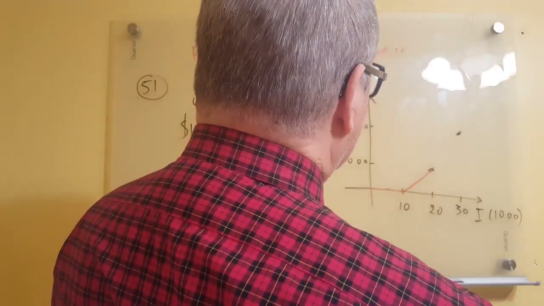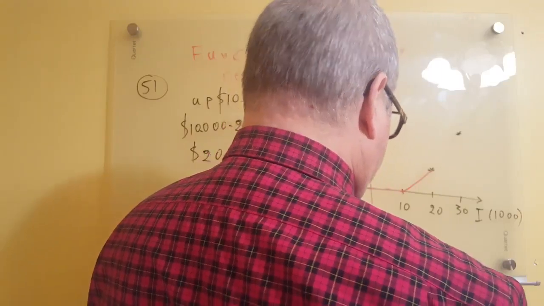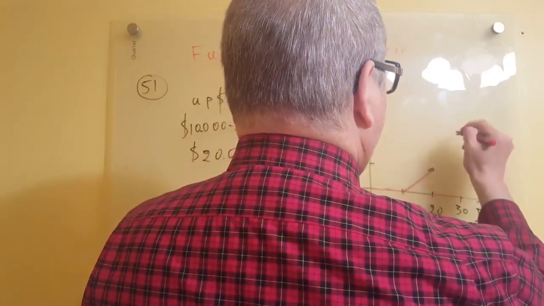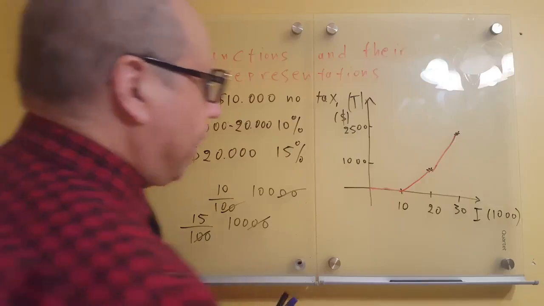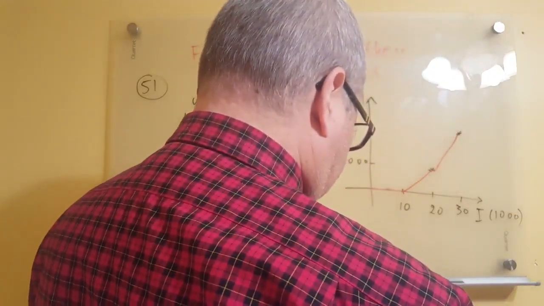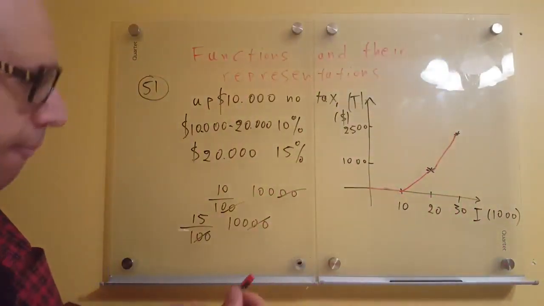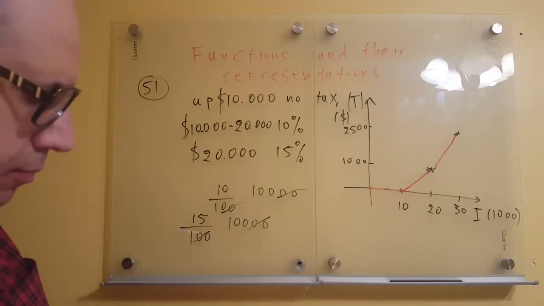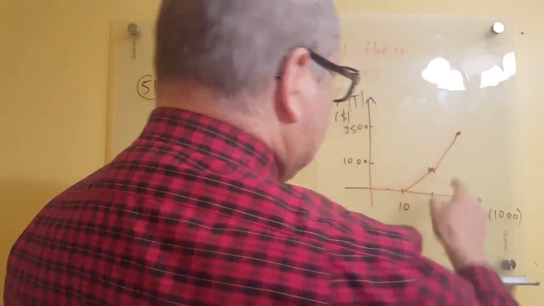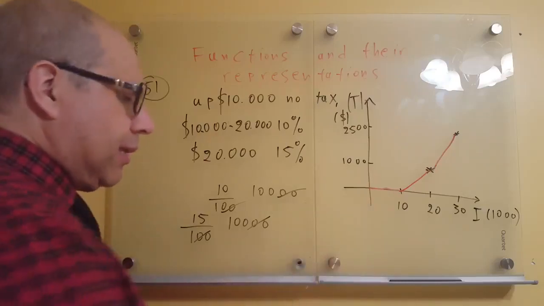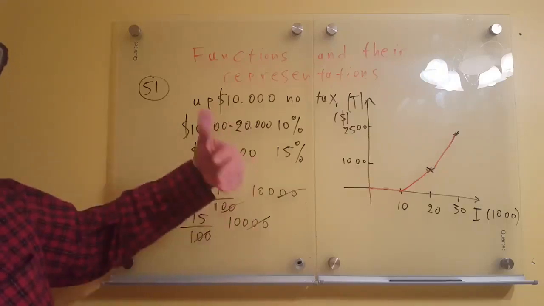So you see that this line here is a bit steeper than this line here, a little bit, but that justifies the 5% tax rate difference.